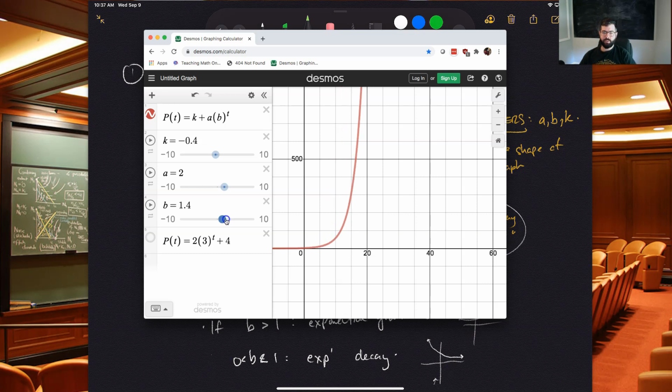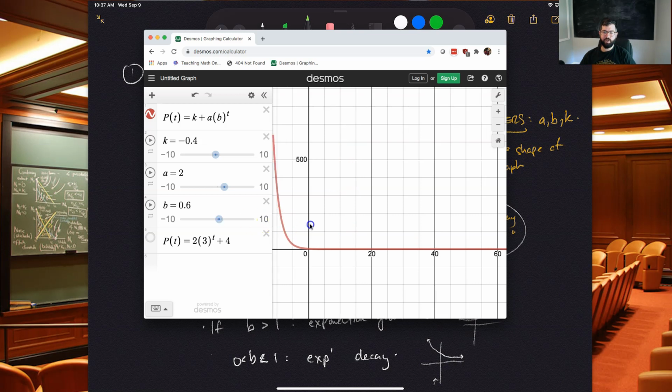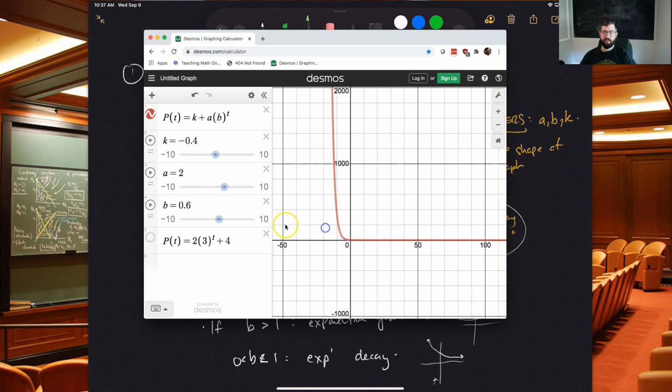Okay, so that's when b is greater than 1, and when b is less than 1, it changes how it's decaying. So the closer it is to 0, the sharper the decay, because this means we're only really keeping 20% each time. Whereas here, we're keeping 90% or losing 10% each time.